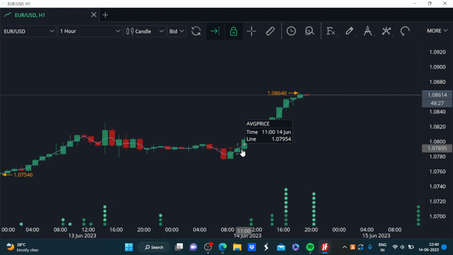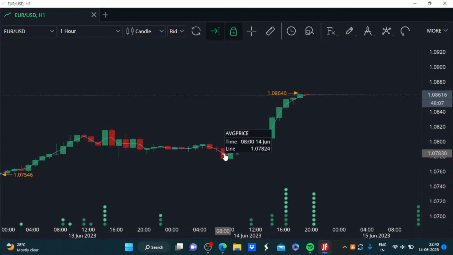And in this kind of scenario, if we see the current candle price also showing the signs of rising above the average price, then that means the momentum is quite strong and it is better for us to go with the flow and buy the underlying instrument.